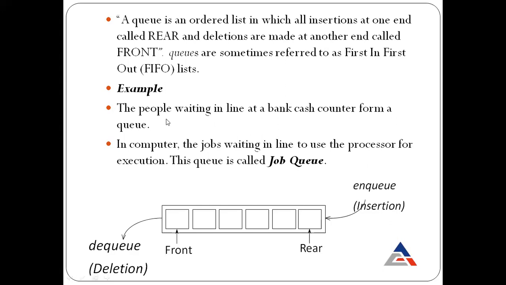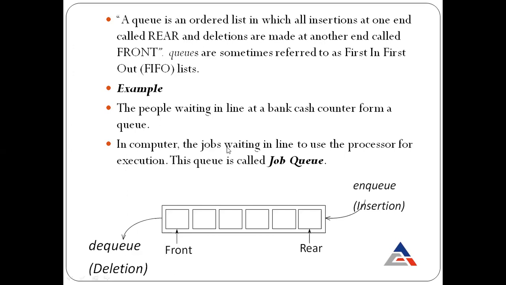A few examples are the people waiting in line at the bank cash counter forming a queue. Whenever you go to a bank and want to get some cash, people are already standing in a queue, and you will stand at the end of the queue. It means we are adding the person at the rear end of the queue. And if you're the person who's standing first at the counter, then you are the first person who gets the cash. After getting the cash, you will move out of the queue.